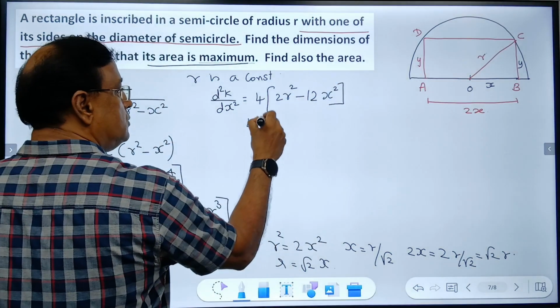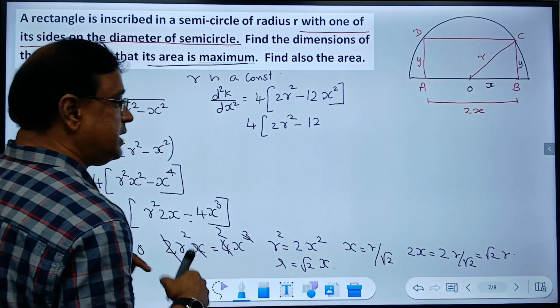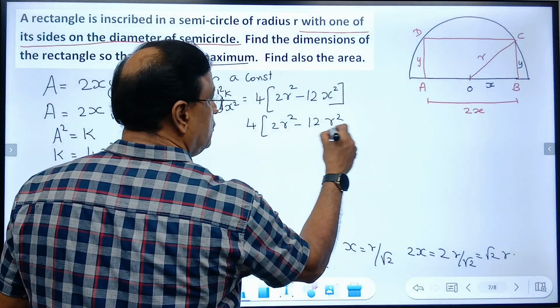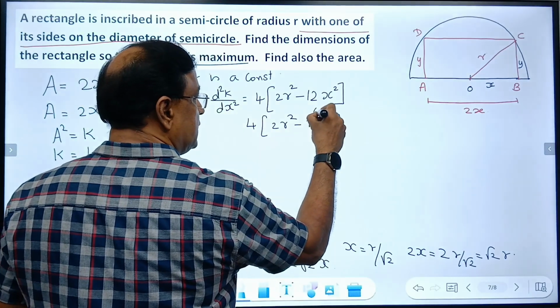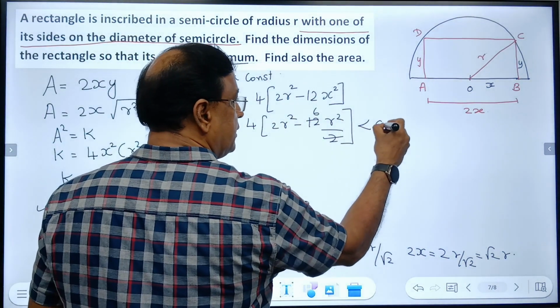This is 4 into 2r square minus 12 into, what is x square? x square will be r square by 2. So it becomes 2r square minus 6 r square, which will be negative.